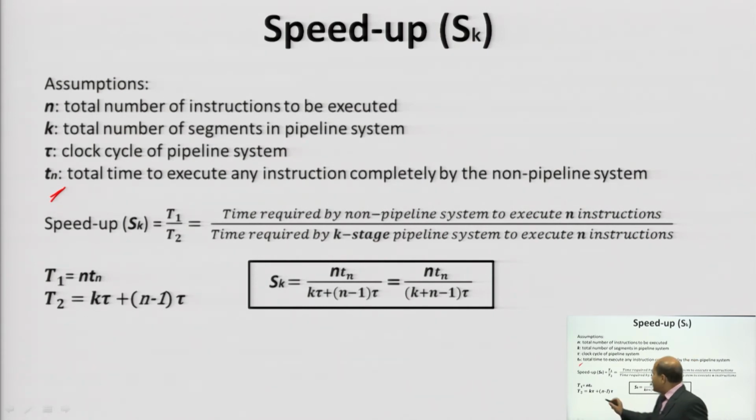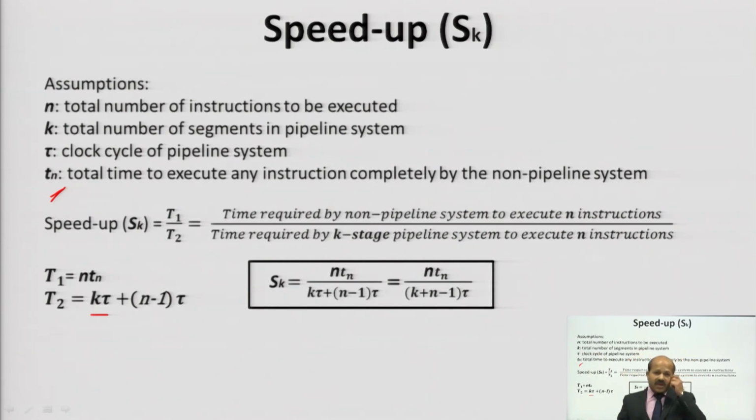That is why it is k tau for the first instruction, because the non pipeline system is converted into k stages. The first instruction takes k times tau.